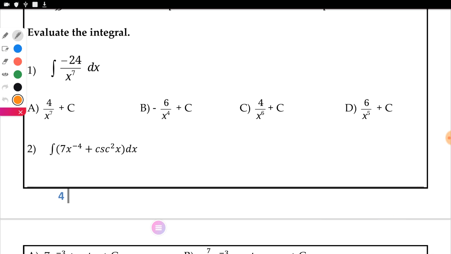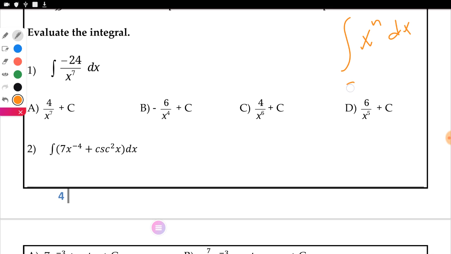Here, let's solve question number 1. Sometimes we need to rewrite the function to be ready for the integration, to put it in the general power form. But be careful, I forgot to tell you something very, very important.